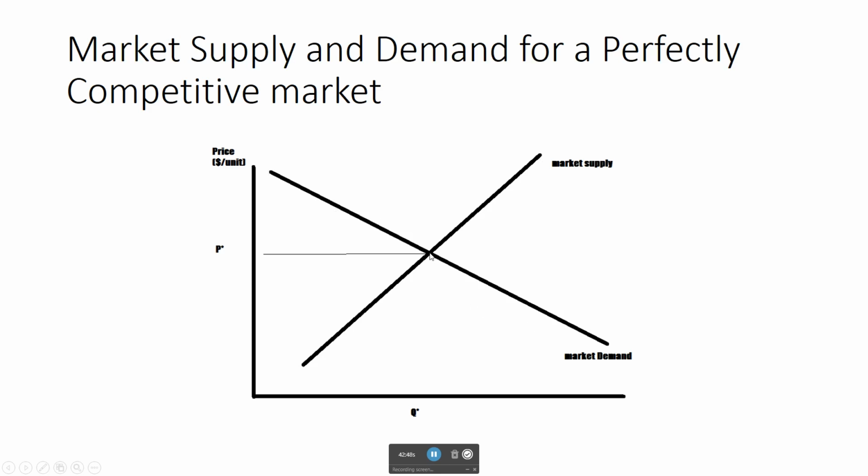Where those two curves intersect in a perfectly competitive market, that determines the equilibrium price. In a competitive market, all pizzas will be sold at this equilibrium price. And where these two curves intersect, if we go straight down, that determines Q star. This is nothing new that we didn't already learn in chapter 3.